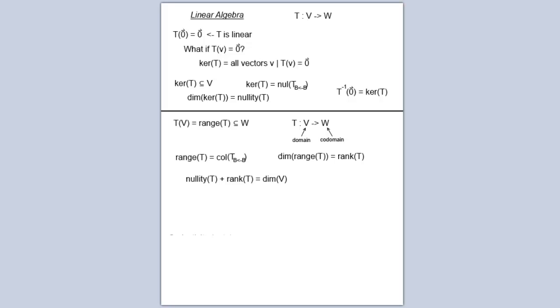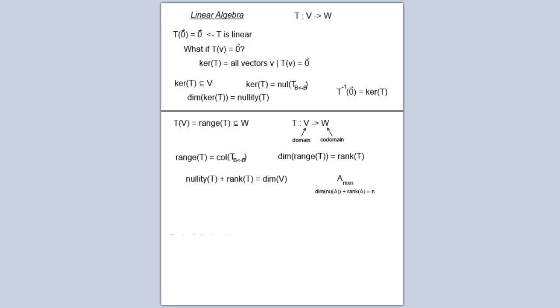More specifically, if A is an m by n matrix, the sum of the nullity and rank of it are just n, the number of columns. Now, the rank of a matrix is a bit different. It is the number of non-zero rows left over after Gauss-Jordan elimination.